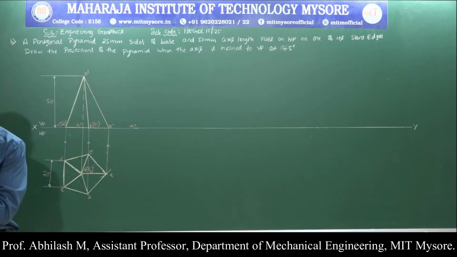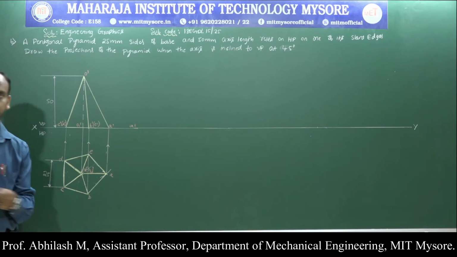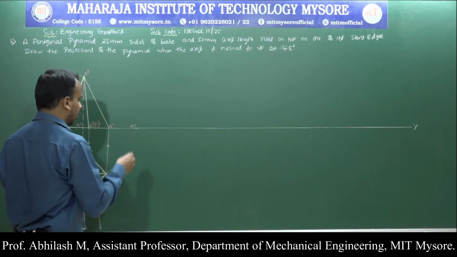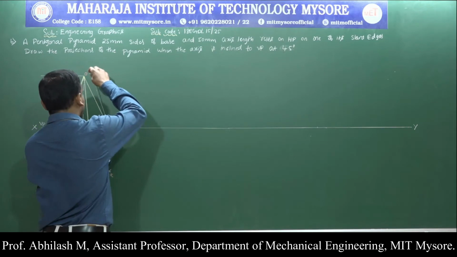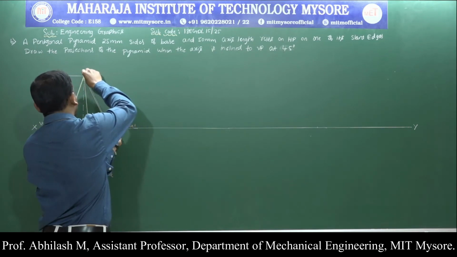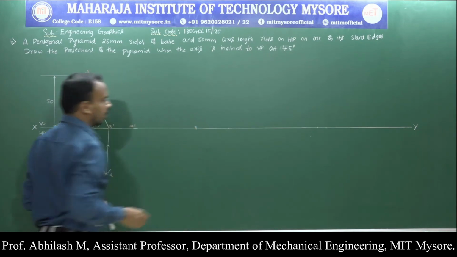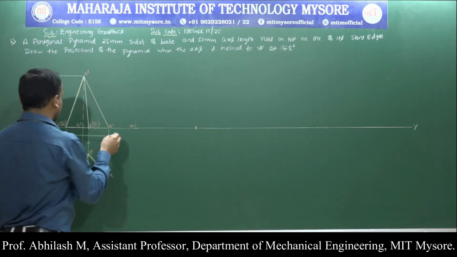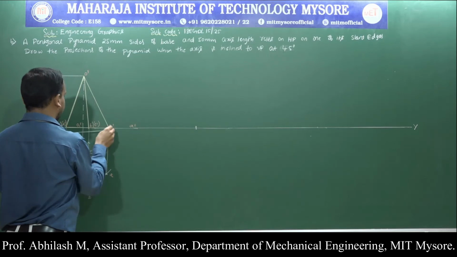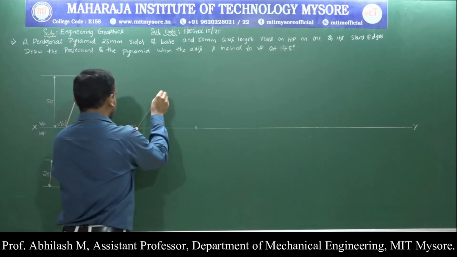With the help of an arc method, we can easily complete the process. I have identified the point A dash. The next point we are supposed to identify is O dash, that is the apex point. Then I am supposed to identify the points C dash and D dash from the A dash.